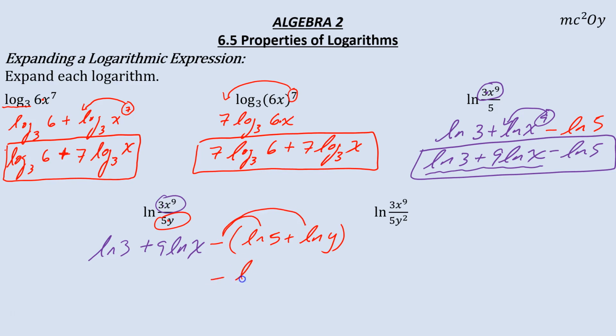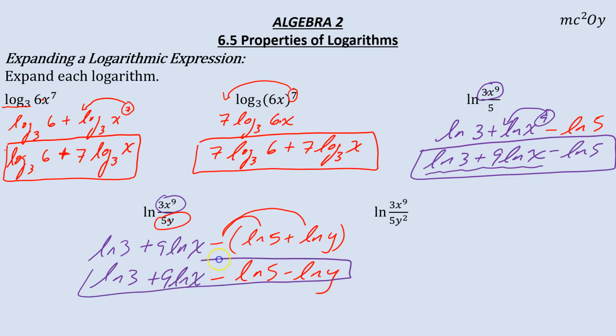So that becomes minus natural log of 5 minus natural log of y. The more you do this, you'll just put minus minus, okay? And then this part here stays natural log of 3 plus 9 natural log of x. So whatever you have on the bottom, they both will be subtracted.